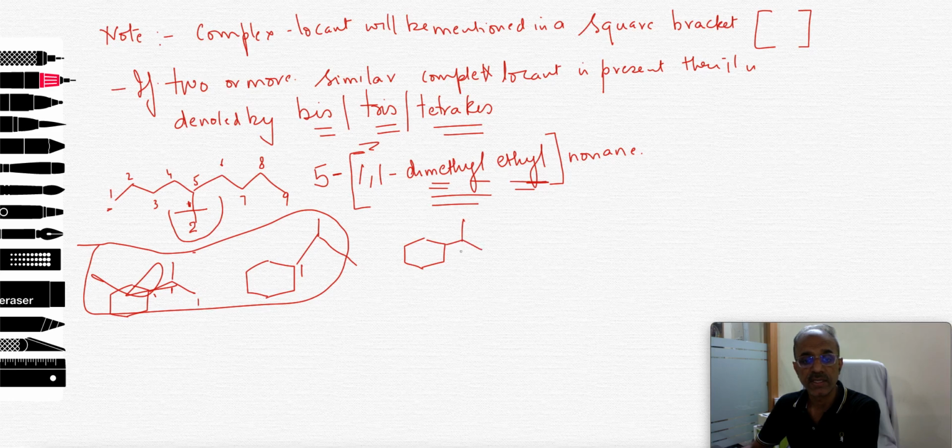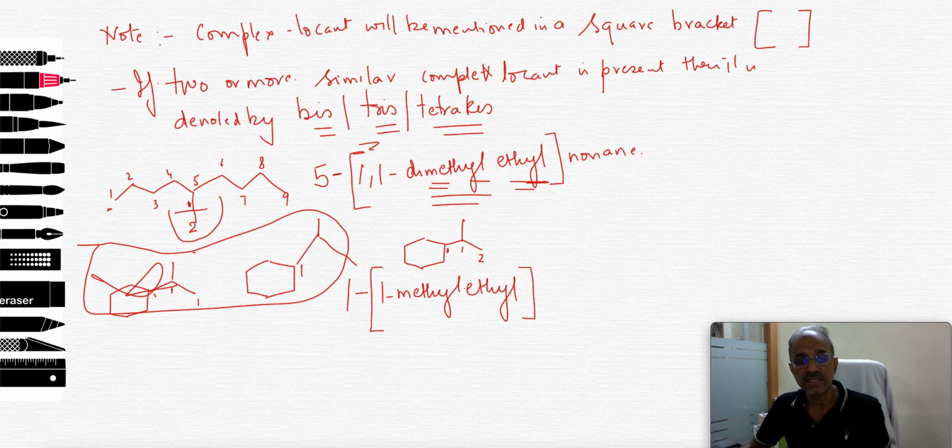Fine. Then numbering will be 1, 2. So I will say it will be 1 methyl. Suppose this is 1, right? So 1 dash, this is a complex locant, 1 methyl, 1 methyl ethyl, 1 methyl ethyl, bracket closed.